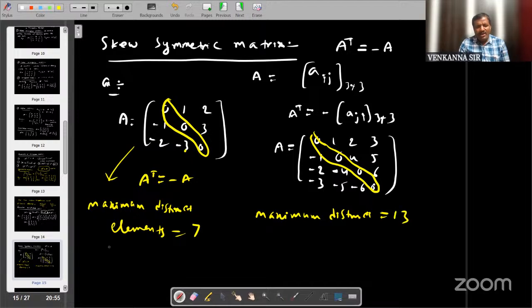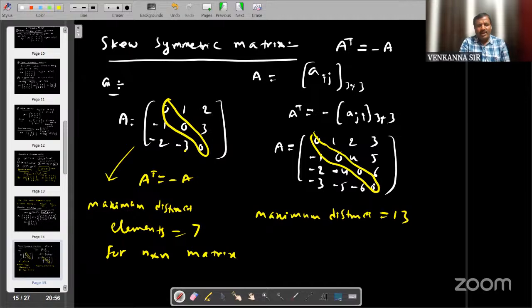In the second example: 1, 2, 3, 4, 5, 6 and their negatives, that is 12, and 0, so 13. For an n by n skew symmetric matrix, what is the maximum number of distinct elements?